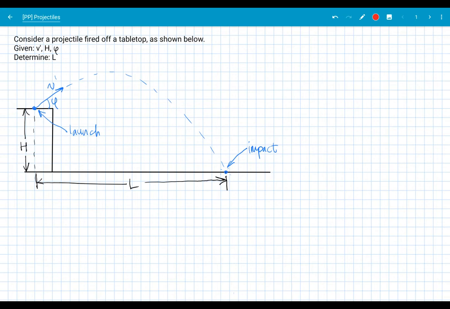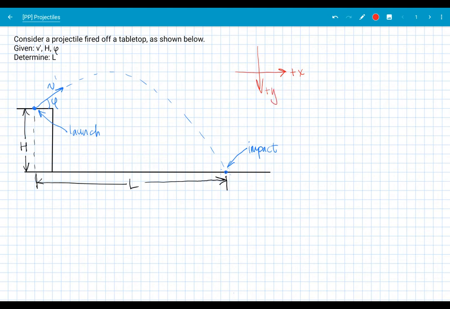A coordinate system consists of two things, an origin and a sign convention. In this case, we need a two-dimensional sign convention because we're following this particle in x and y. It might have a third dimension in there, but we're not taking that on for projectile motion. We're pretty happy to just be doing two dimensions here. So I'm going to let positive x be to the right, and then positive y downward are going to be my choices here.